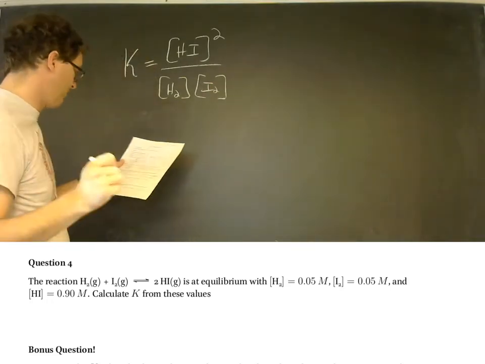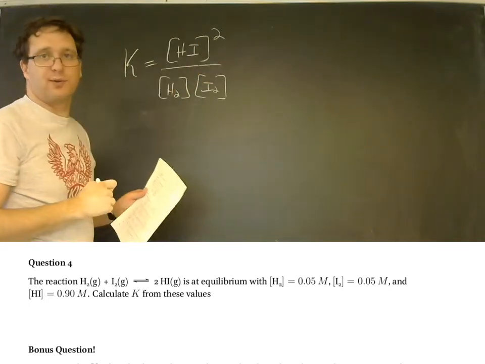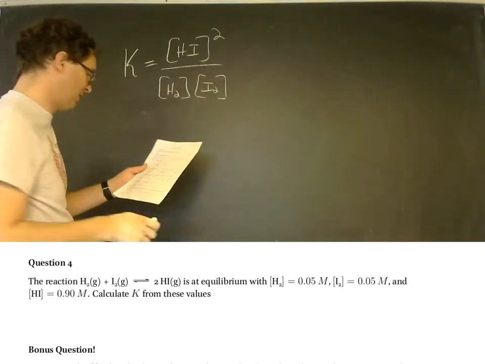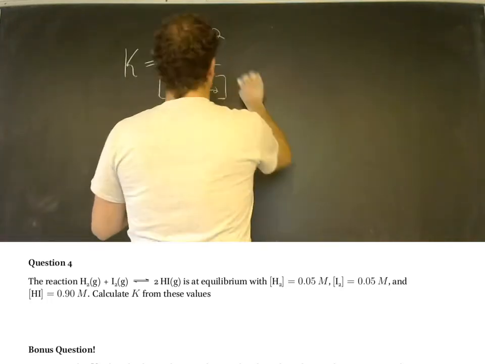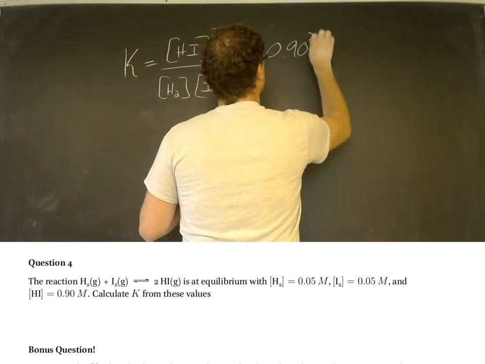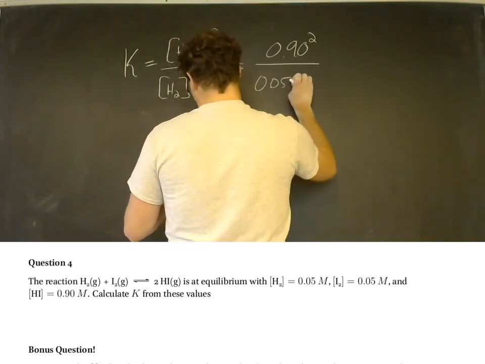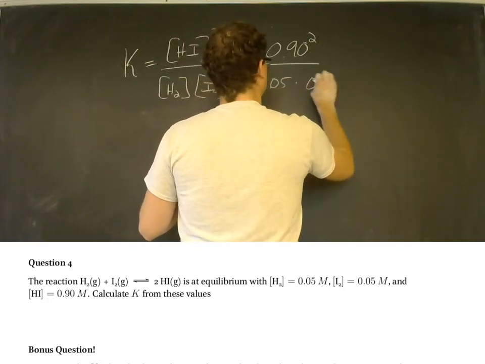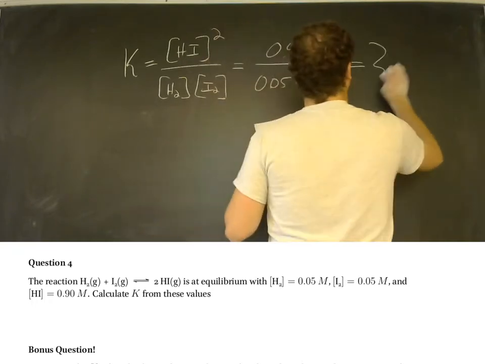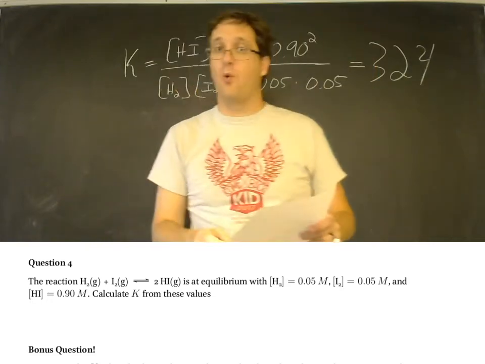We have the products raised to the power of their stoichiometric coefficients over the reactants raised to their stoichiometric coefficients. So we can just plug in these values: 0.90 squared divided by 0.05 times 0.05, and that's going to give us a K equal to 324.